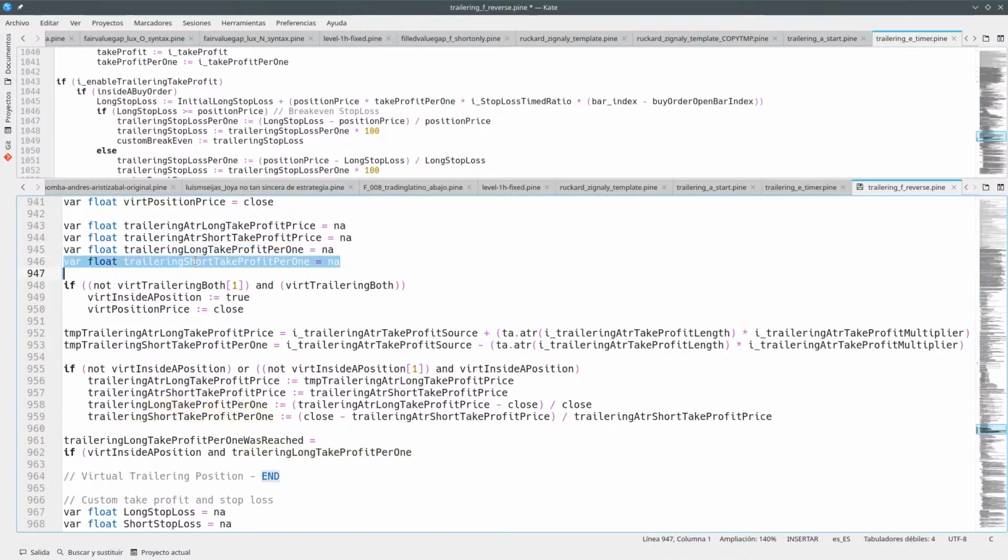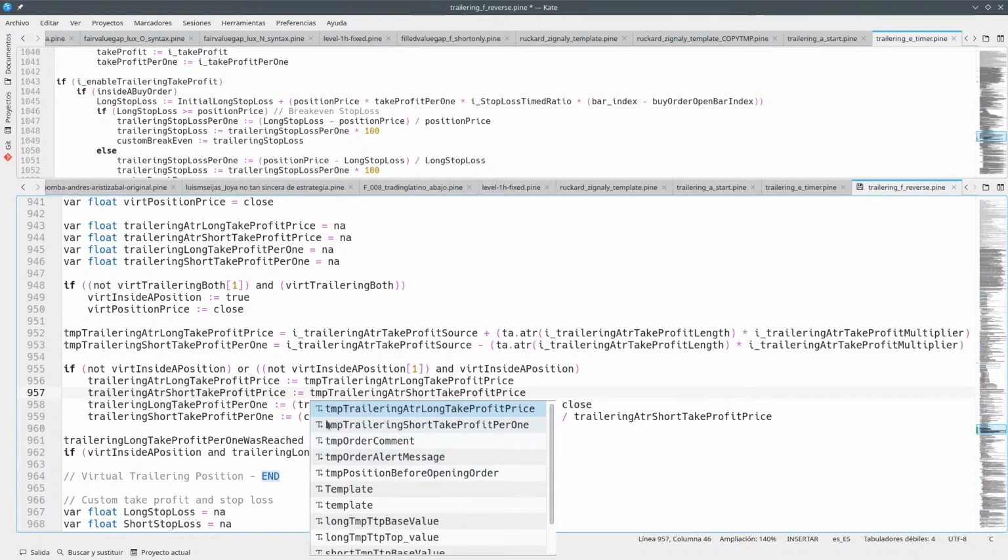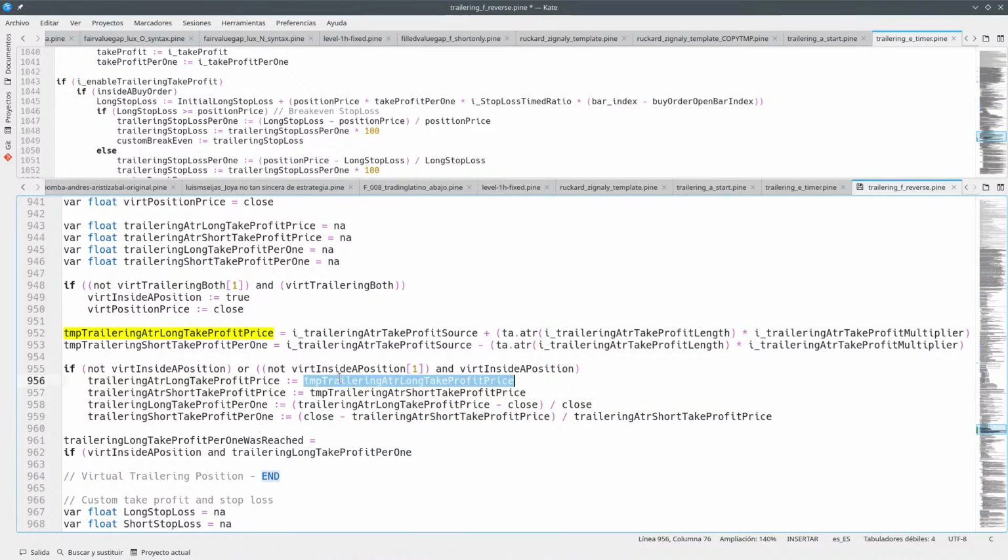These are the default ones. This is the new one and the new one. Okay, so this should be the first one.